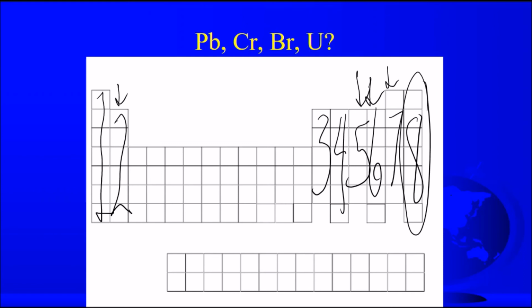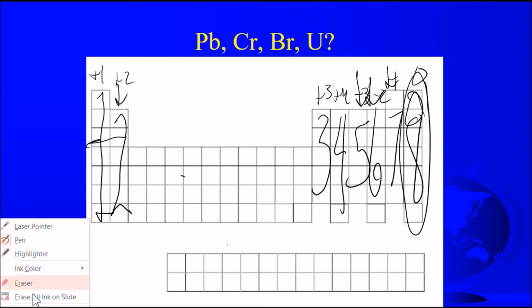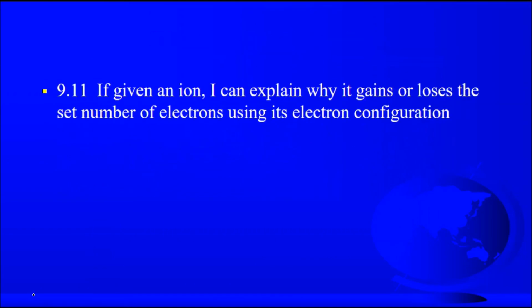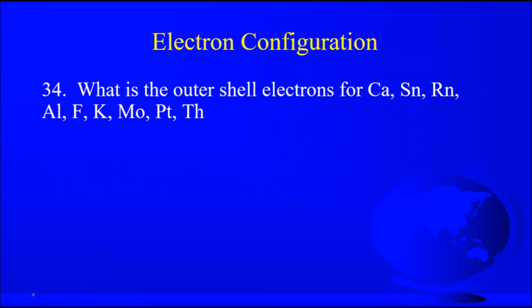You could gain 6, or if you lose 2, then you become like the noble gas that's inside. And that is why we have these charges. Okay, so let's stop right there and let's practice.